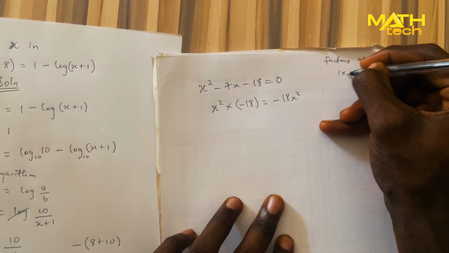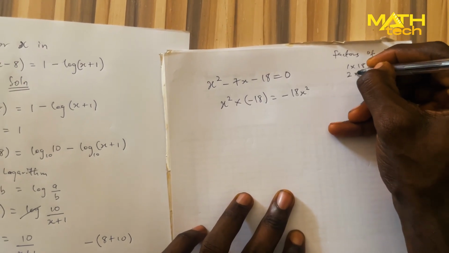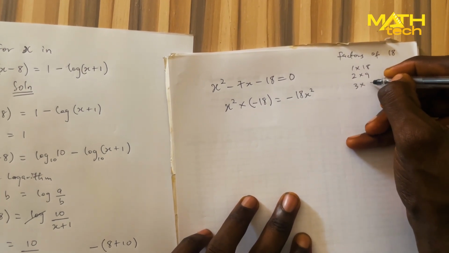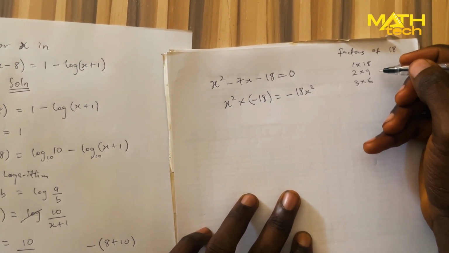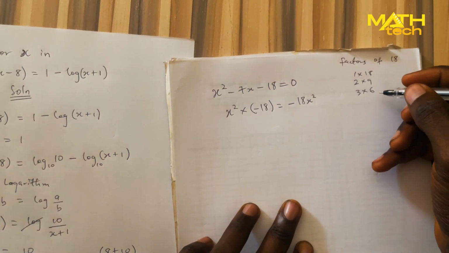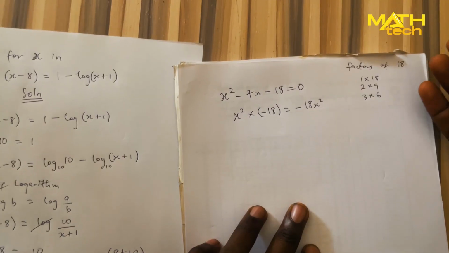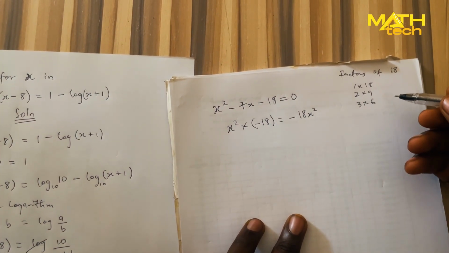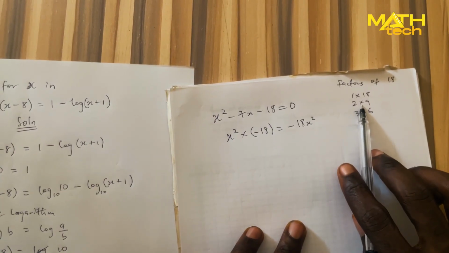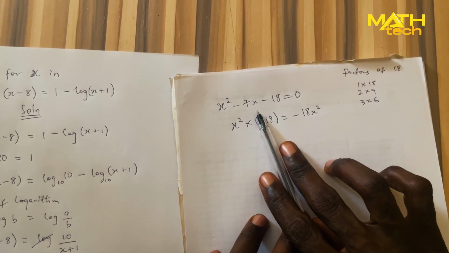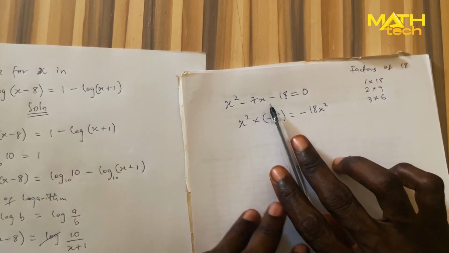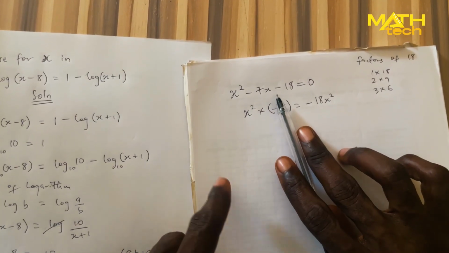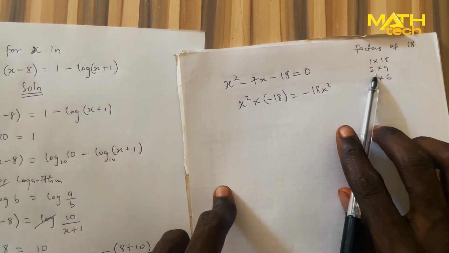We'll have 1 times 18, 2 times 9, 3 times 6. We already know that multiplication is commutative, so the same thing goes. We can now see that the two values that fit into 18, and that when we sum them up might possibly give us 7 when a negative value is introduced, are 2 and 9.